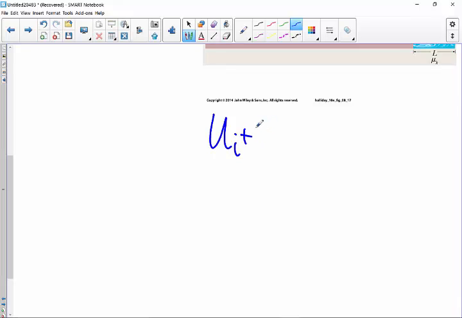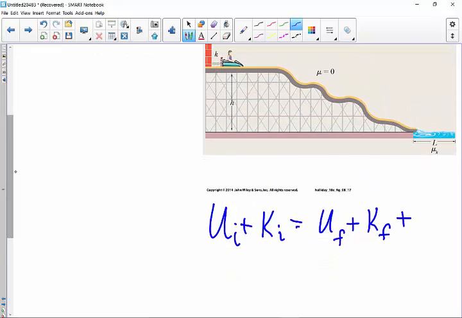We have initial potential and initial kinetic energy, which should equal final potential energy and final kinetic energy. And in this case, it's slowing down here, so there has to be energy lost because of the friction. It could be transferred to heat or drag or whatever. Okay, remember we're saying this is our initial and this is our final here.